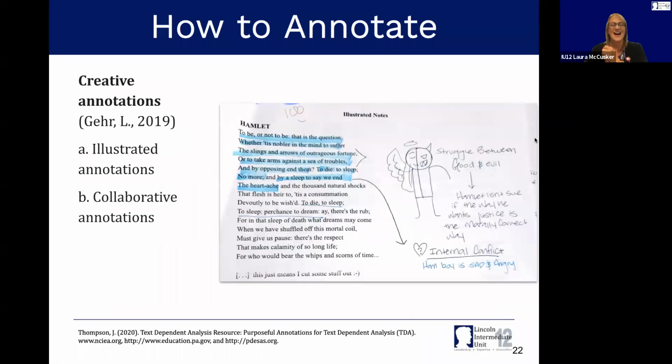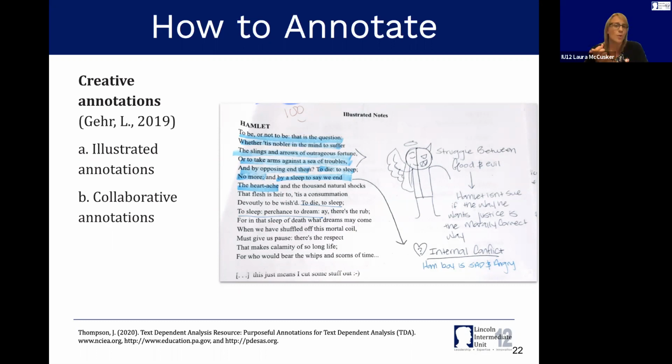All right. Another piece that's highlighted in the resource at the bottom is creative annotations. We saw this a little bit with the image we were looking at earlier where the student drew on the text and you could see some illustrations. So here we can think about two parts.